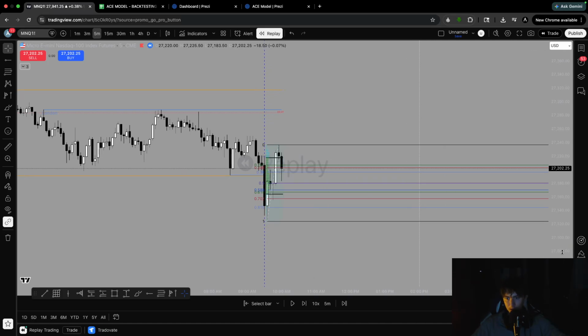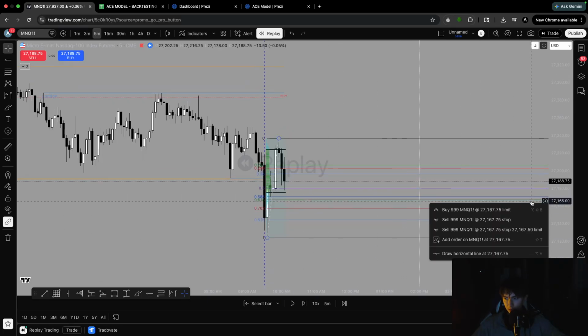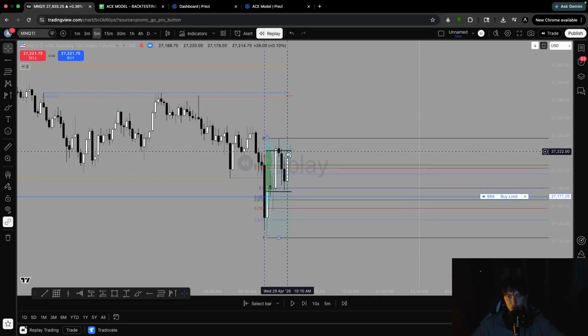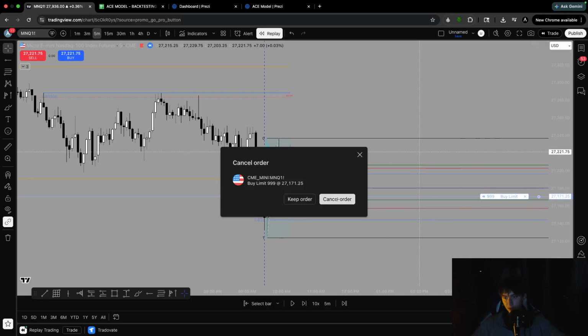All right, this would not. It adjusted. This would be a valid trade. And you can see that move up. So it's no longer valid.